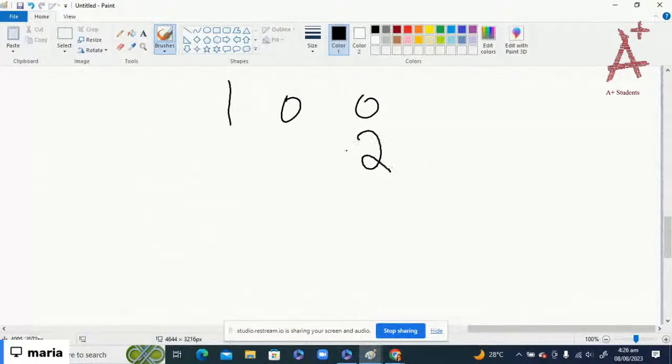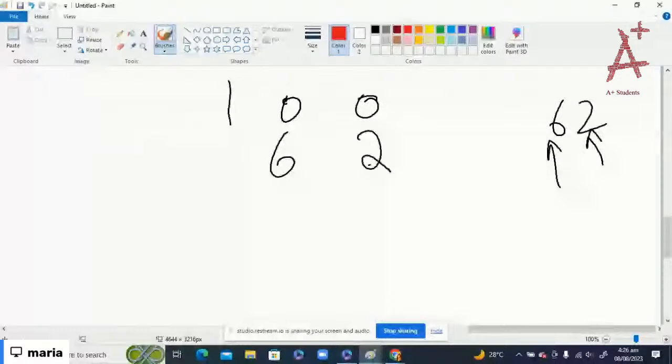Tens is always in the tens place. So here is 62. This is in the ones place, this is in the tens place. Just like that, 0 is in the ones and 0 is in the tens. So I'm going to put 2 and 6 here. Not putting 6 here and 2 here like this. That is wrong.